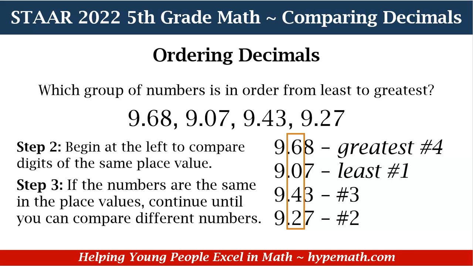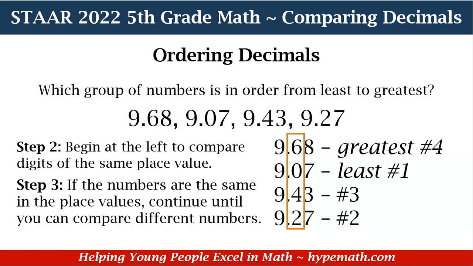So that means we need to move to step 3: if the numbers are the same in the place values, continue until you can compare different numbers. So now we're going to look at the tenths place, and that's why that box is highlighted around it, because that is going to be our focus.